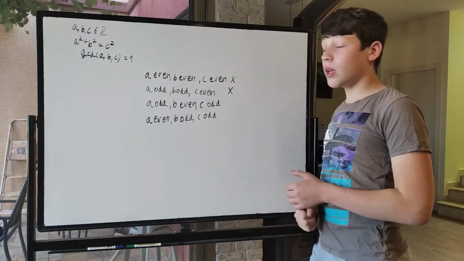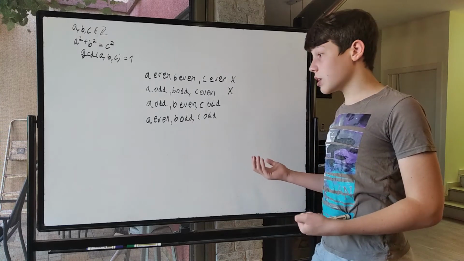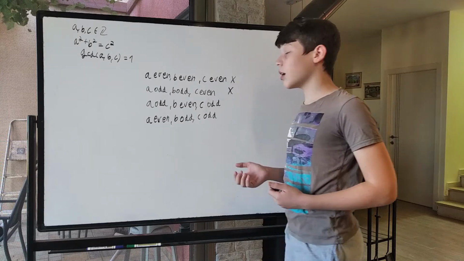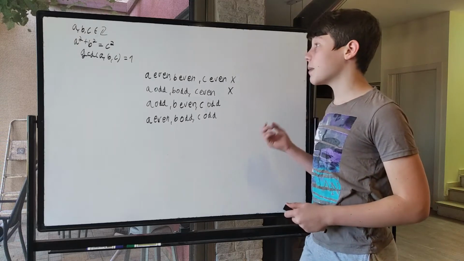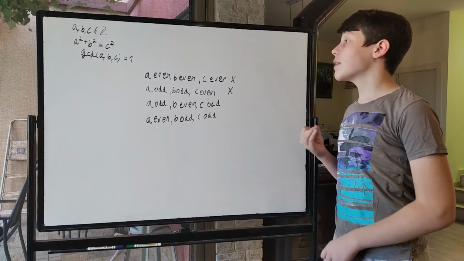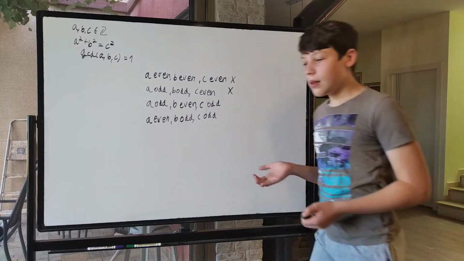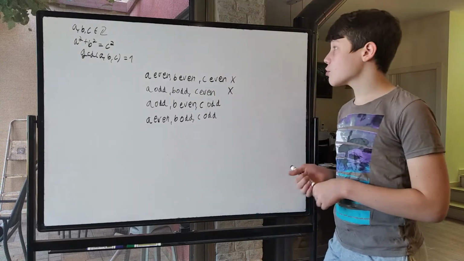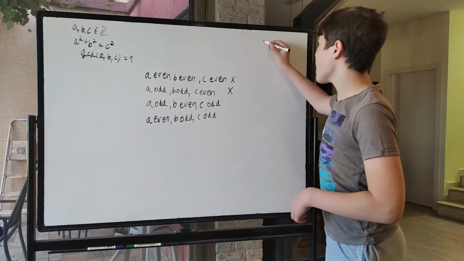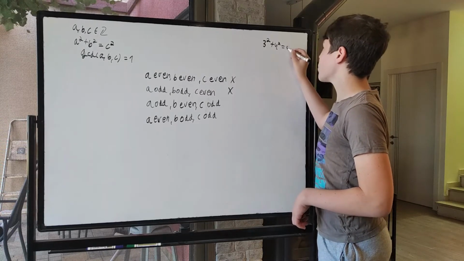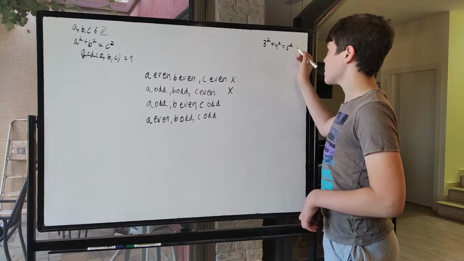And so if we got a contradiction in one of these cases, then we would get a contradiction automatically in the other because of the symmetry between A and B. And so we would get that there are no primitive Pythagorean triples, which would be a contradiction to the fact that 3 squared plus 4 squared equals 5 squared exists.